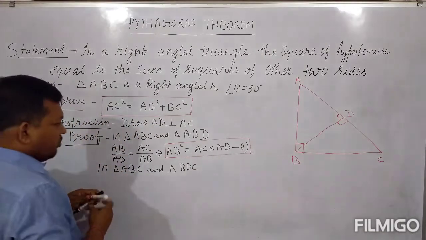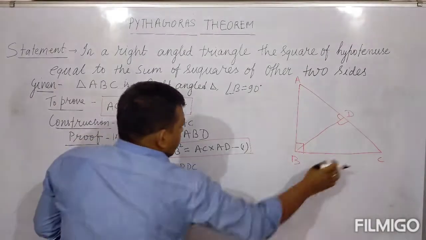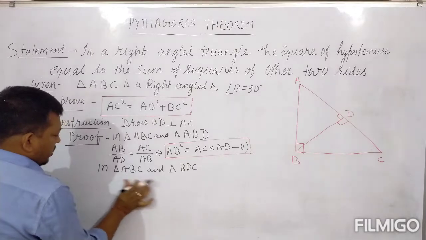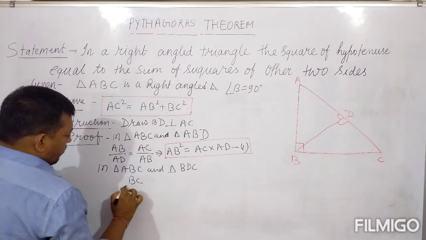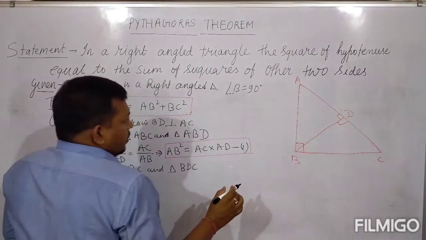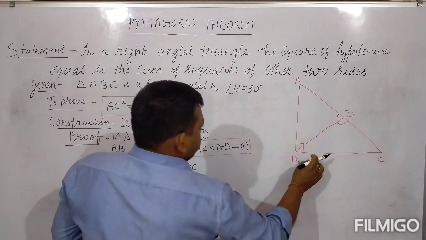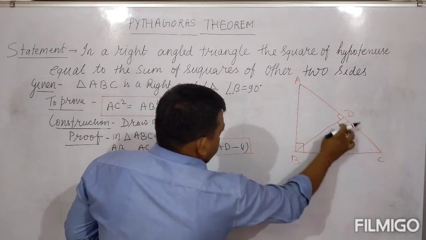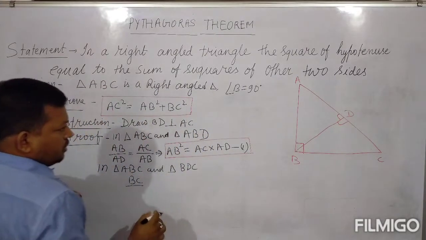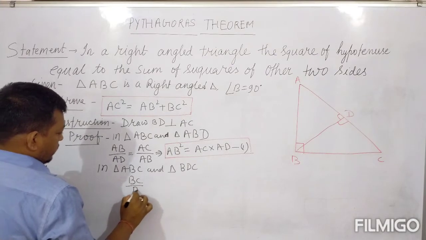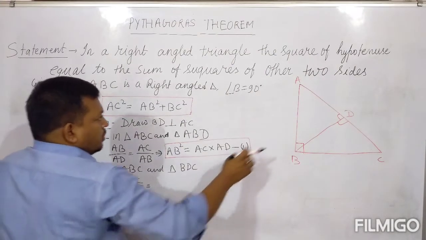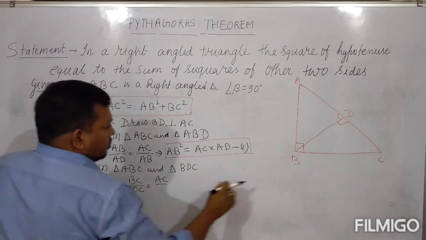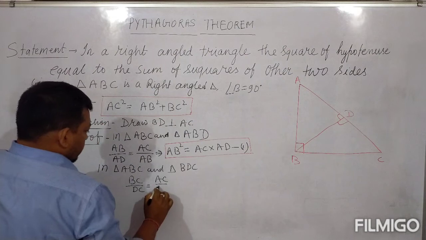So the base of the big triangle, BC, over the base of the small triangle BDC, which is DC, equals the hypotenuse of the big triangle, AC, over the hypotenuse of the smaller triangle, BC.